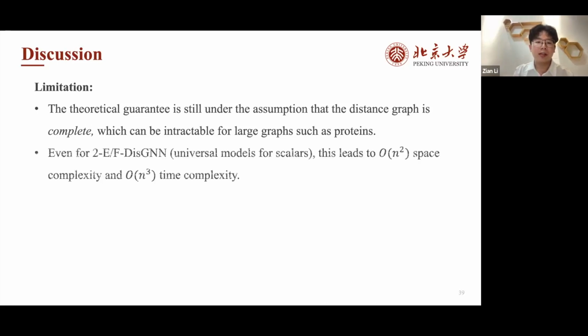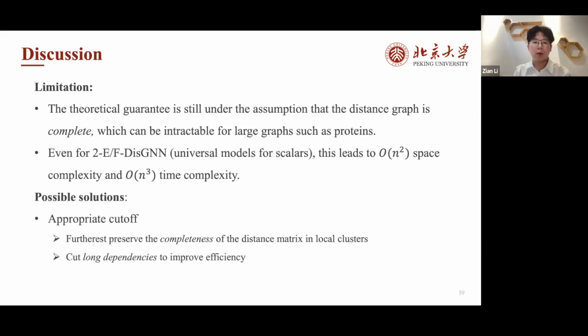The second limitation is that our 2E and 2F DisGNN are universal models for scalars. This will lead to quadratic space complexity and cubic time complexity.